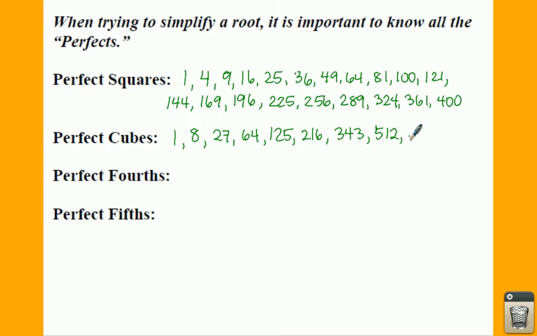Don't really run into that as much. 9 to the third is 729. You will probably run into 10 to the third, which is 1,000.